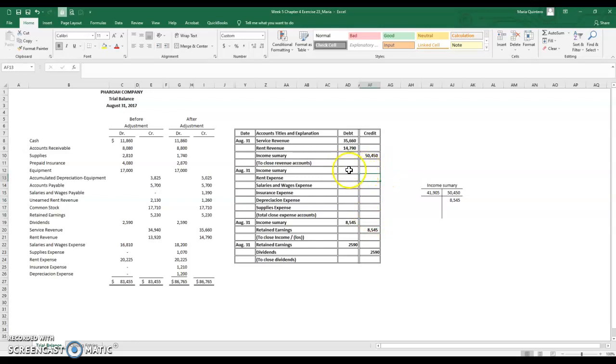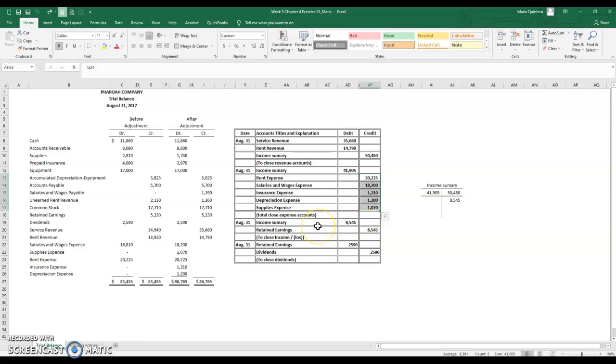Then we do the sum of those and we can know the income summary. You see, the sum of these accounts gives us the income summary. Now we have a zero balance in each of those accounts, and the sum of all those results in a debit to income summary for the amount of this.